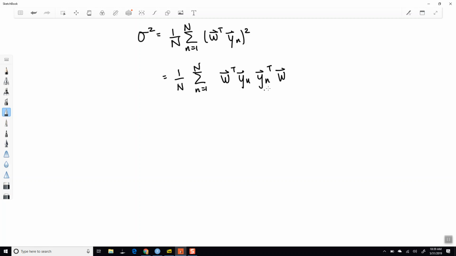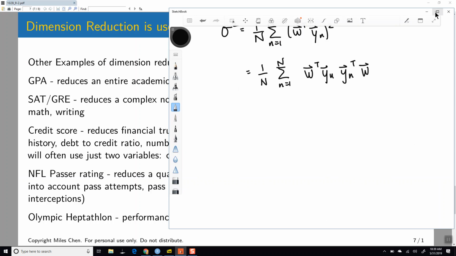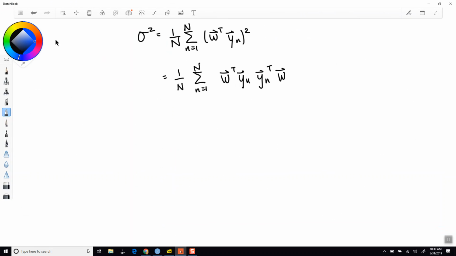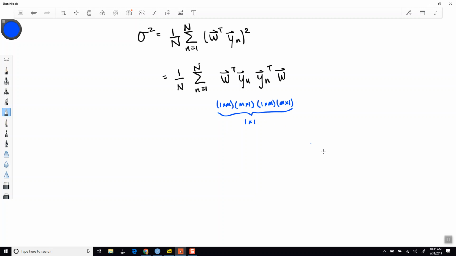If I label the dimensions, w transpose is 1 by m, y_n is m by 1, y_n transpose is 1 by m, and w is m by 1, so this is a 1 by 1, which makes sense because everything so far has been 1 by 1.